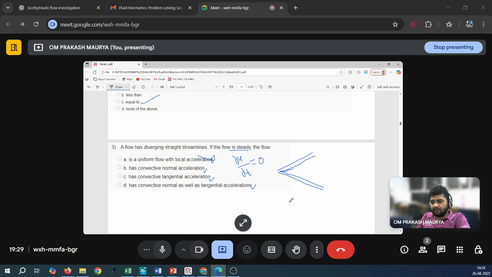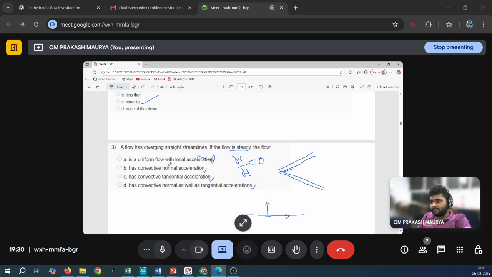As you know, the normal acceleration means what? If the water is flowing like that, then the flow is going to accelerate in this direction. This is the normal. And what is tangential? The flow is going to accelerate in the flow direction. This is tangential.